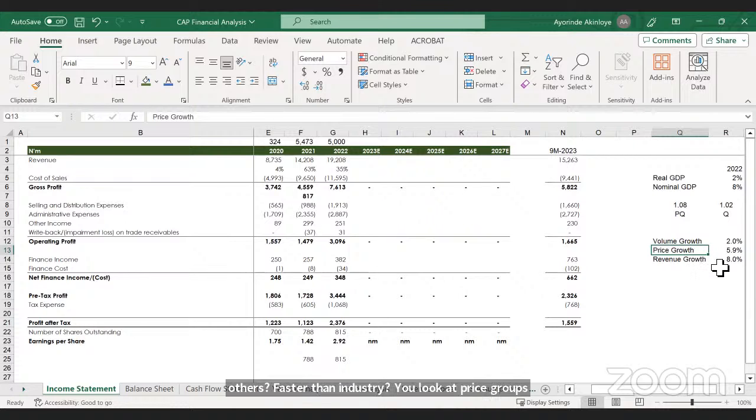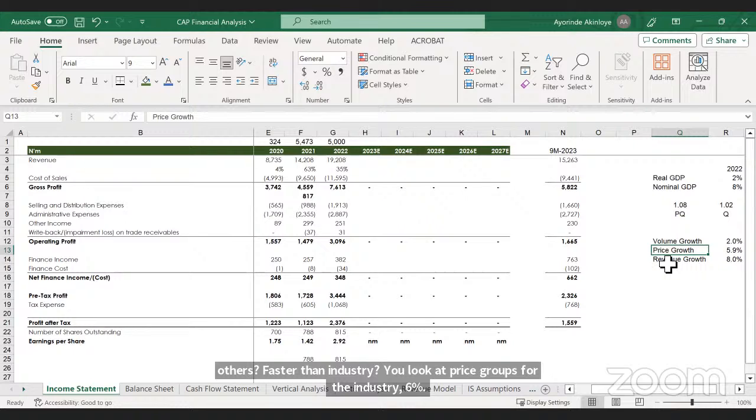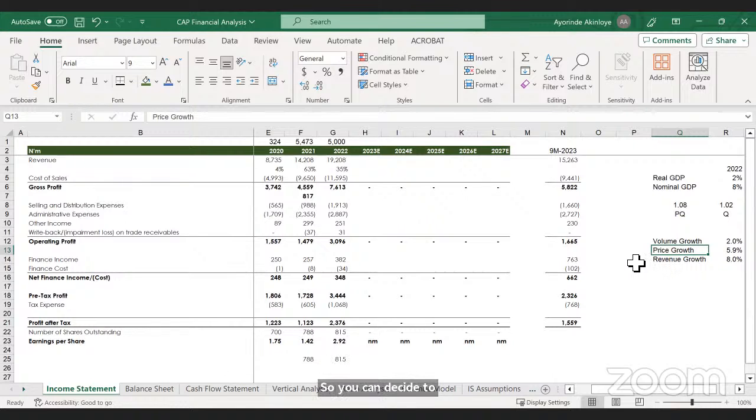You can decide to assume that CAP does not control prices. I'm just saying this is an assumption, right? If you assume that whatever price the industry dictates is what CAP takes, then if the industry price increased by 5.9%, CAP's price will continue to grow at the industry rates.